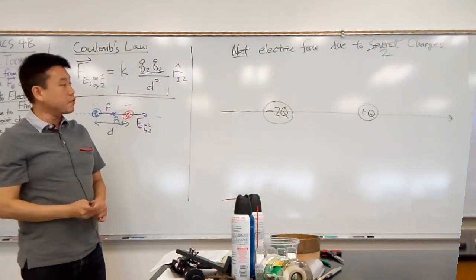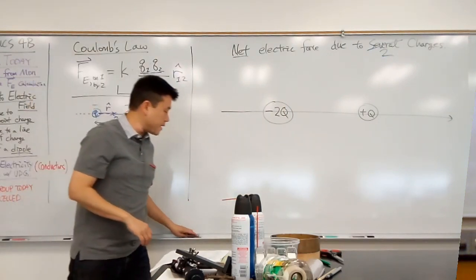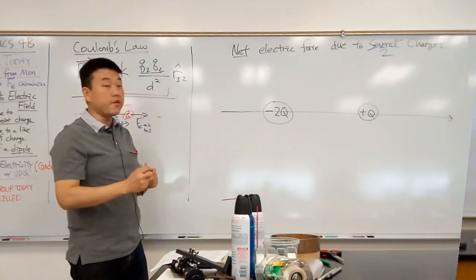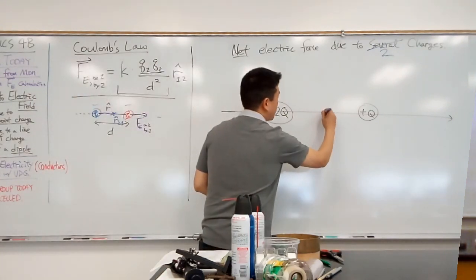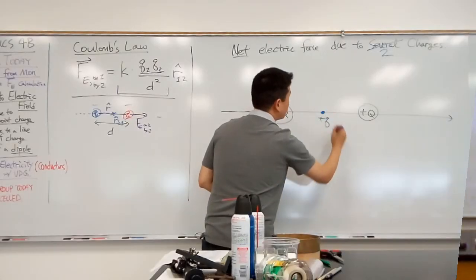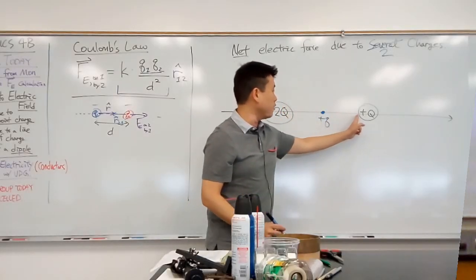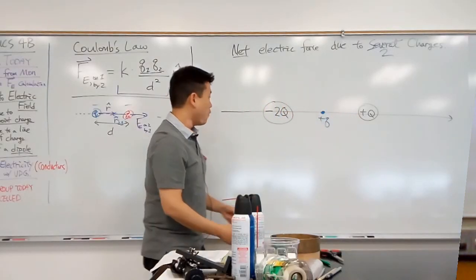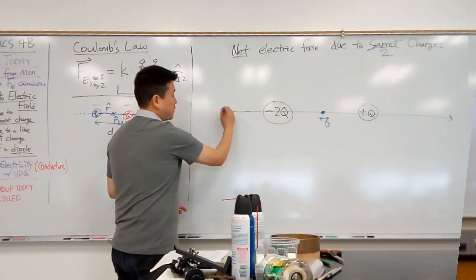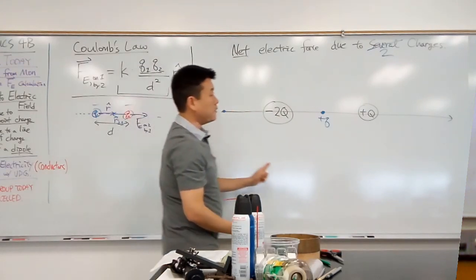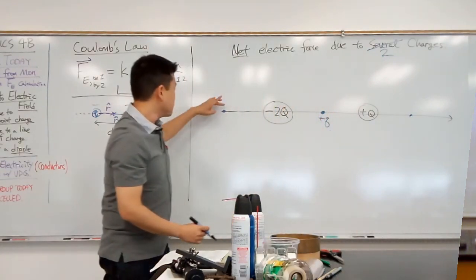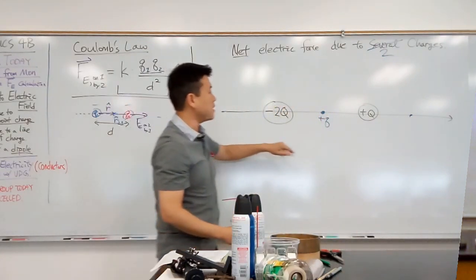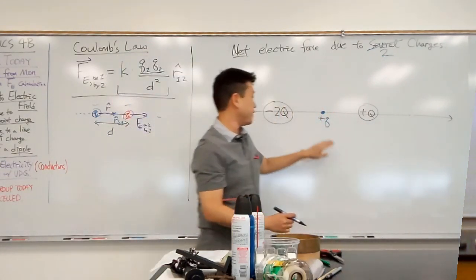All right, so I have these two charges. And what I want to imagine is placing on a third charge, plus a small q, either somewhere along this portion here, or place it somewhere here, or place it somewhere here. And so let's say I placed this plus q where I drew it, here.